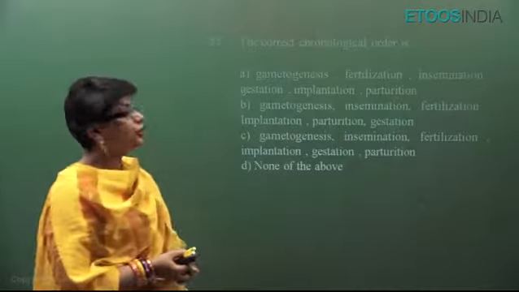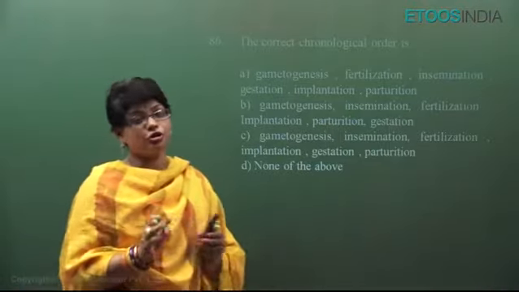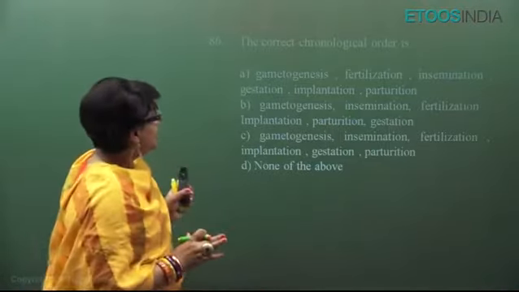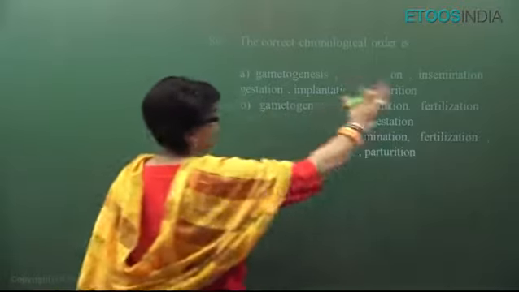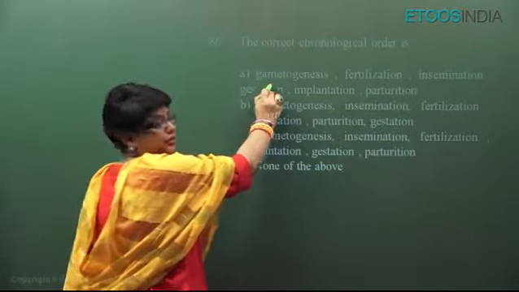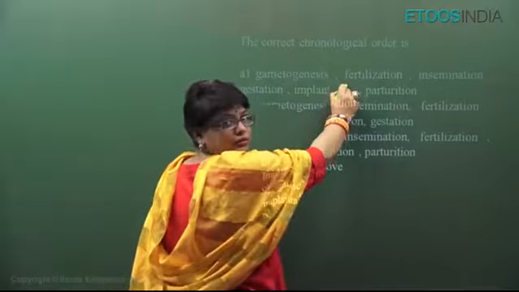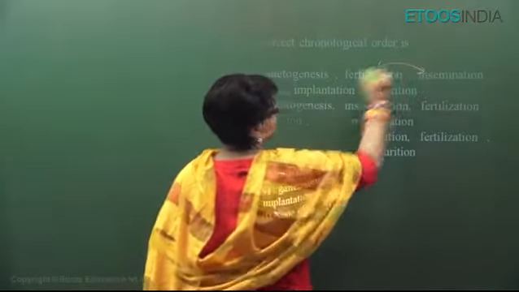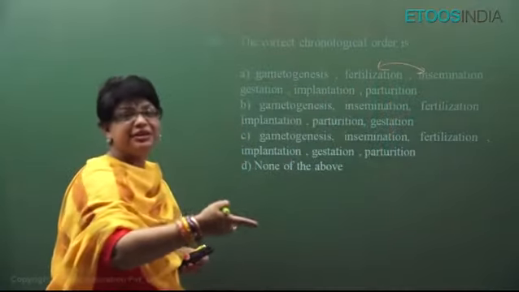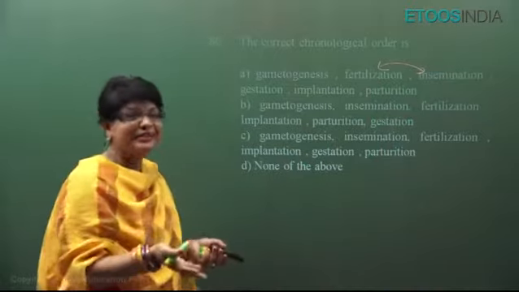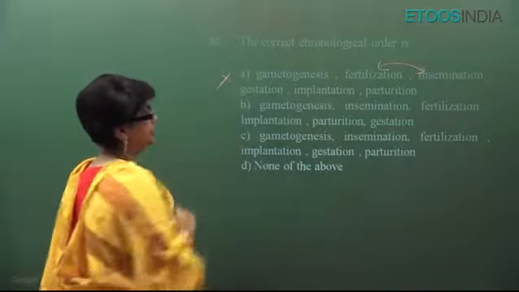Now, correct chronological order is. Like this also a lot of questions come. How to solve them? We'll go one by one. First gametes are formed, then they will fertilize and then inseminate. No. First male gametes will be inseminated into the female reproductive tract, only then they can fertilize. So this is not possible.